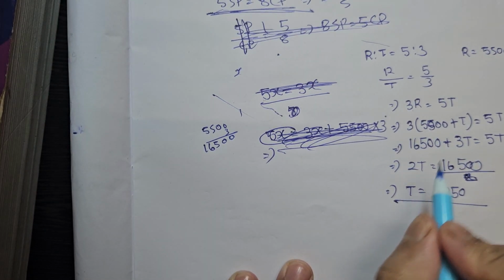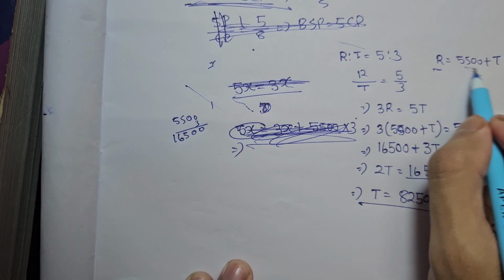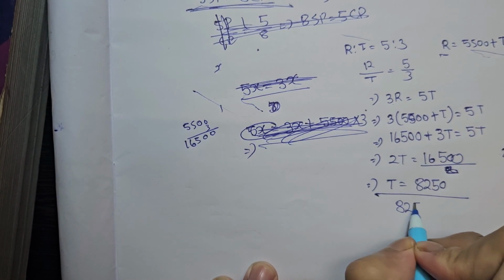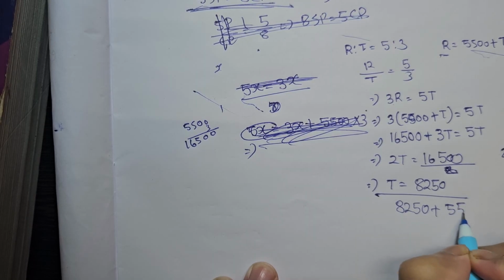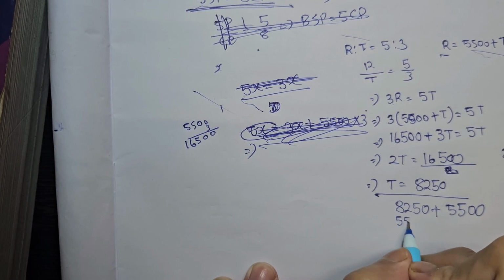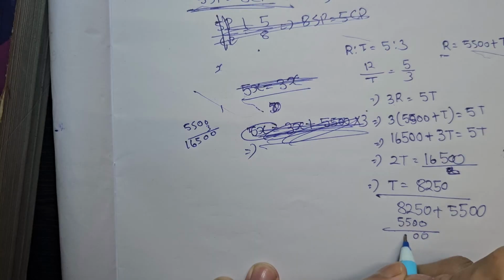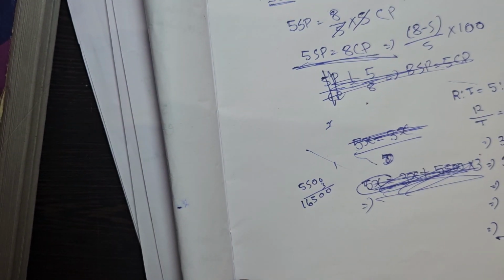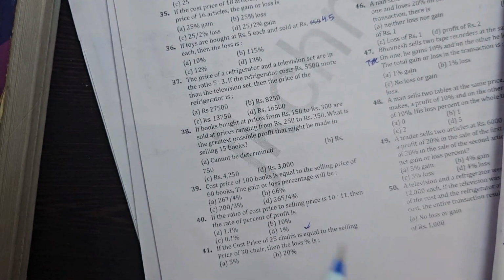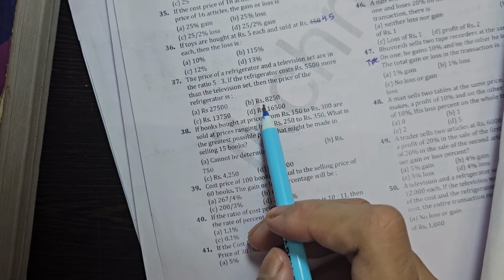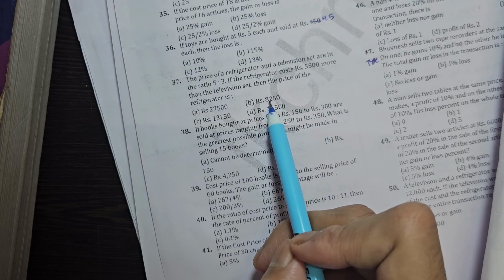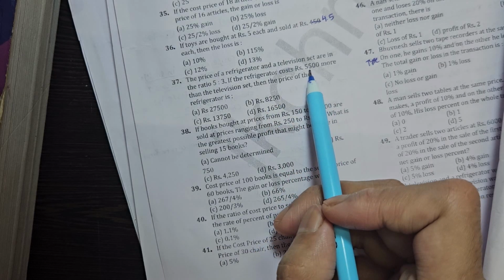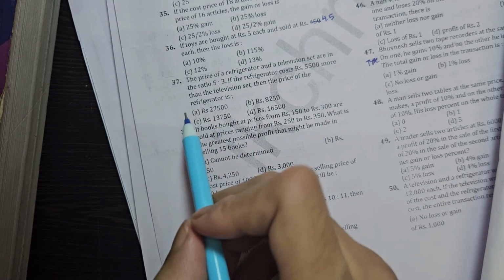Now we know that the refrigerator is 5500 plus television set, so it would be 8250 plus 5500, which is 13,750. So it would be answer number C, right? It's a bit tricky because when you calculate you get 8250, but you need to remember that it is the price of the television and you need to add 5500 to that, and so the answer would be C here.